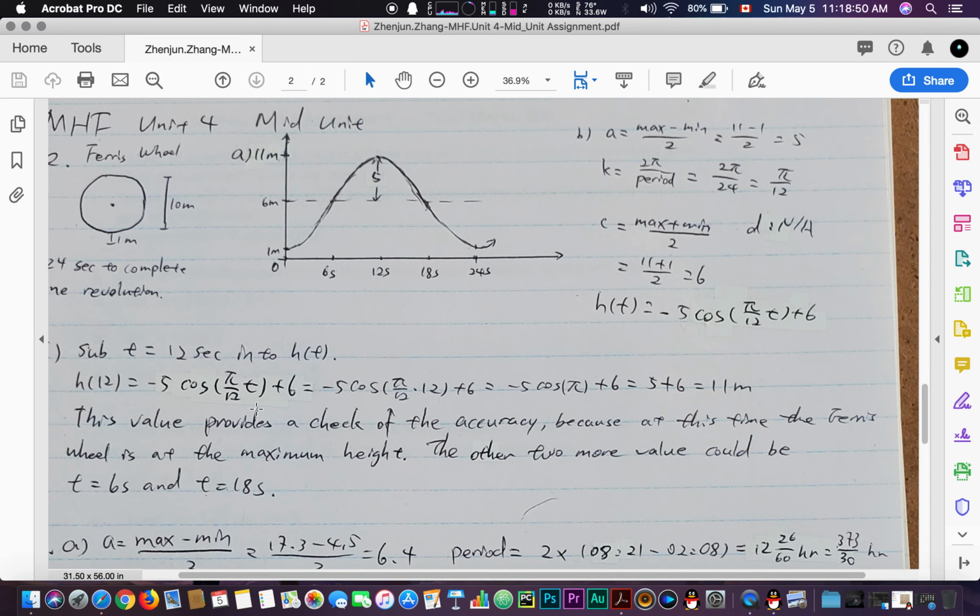And this value provides a check of accuracy because at this time the Ferris wheel is at its maximum height, and the other 2 would be t at 6 seconds and t at 18 seconds.